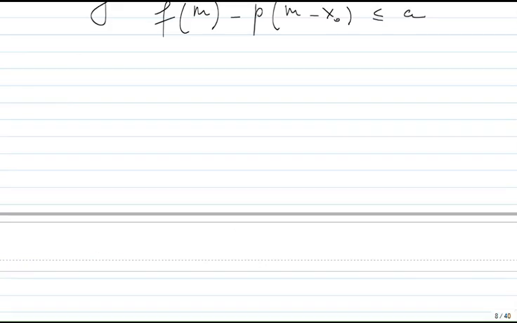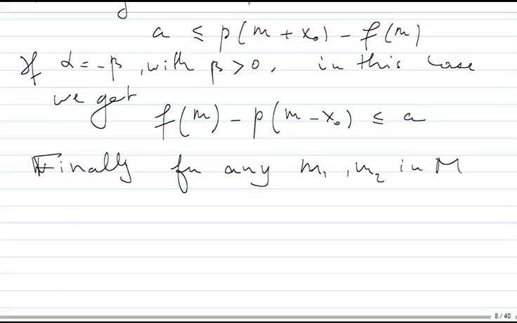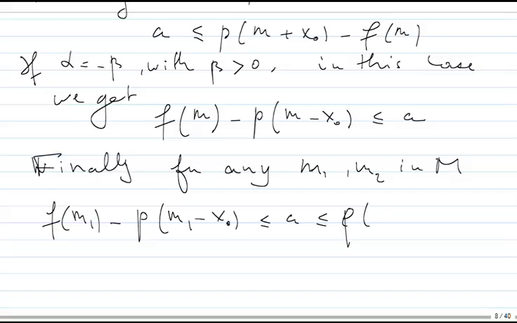So, okay, which means that, finally, if we put everything together, we get for any m1, m2 in M, that f of m1 minus P of m1 minus x0 is less than A, which is less than P of m2 plus x0 minus f of m2.